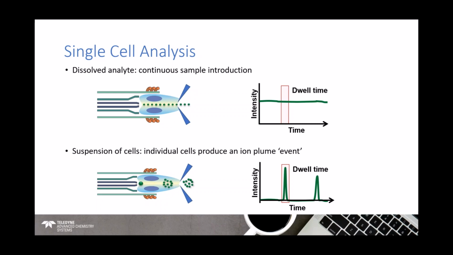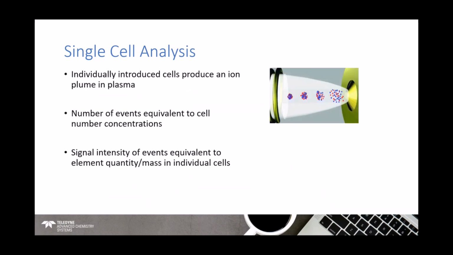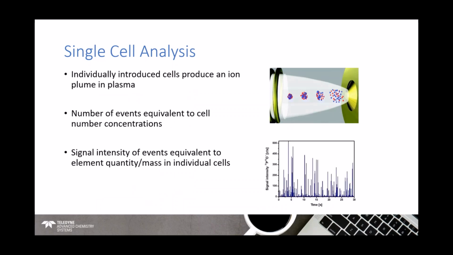So this is pretty much what I've described here: the cells going through the plasma, forming ion plumes that we can capture. Now these events, these spikes as they go through, the number of these events is equivalent to the number of cells going through the plasma, so the cell concentration per unit volume.